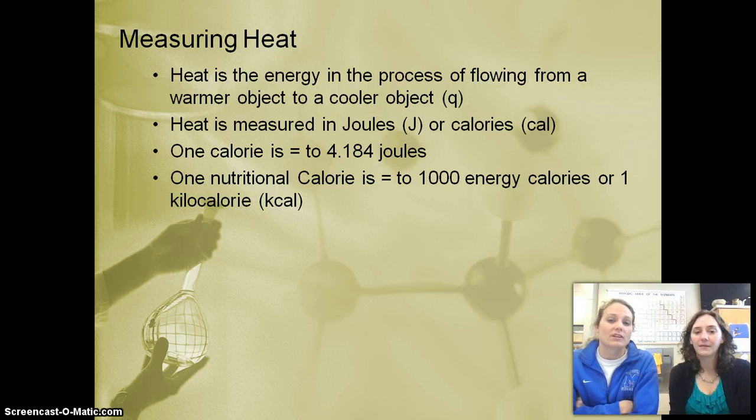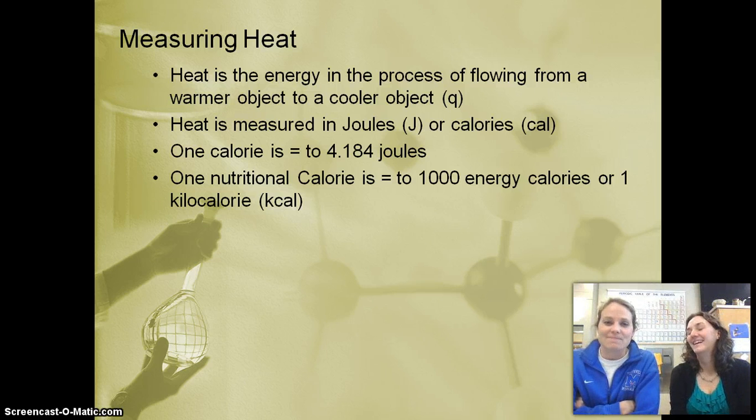And 1 nutritional calorie, and notice this one has a capital C, and the one for the joules, the 1 calorie, is a lowercase c. They are two very different things. So 1 nutritional calorie, how much you're actually eating, is equal to 1,000 energy calories, because it's a kilocalorie. Or 1 kilocalorie.